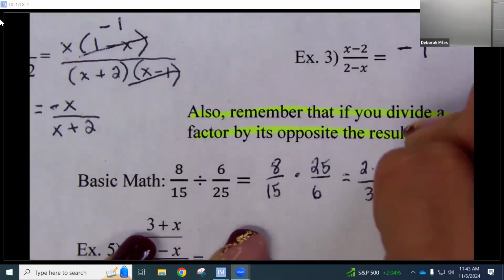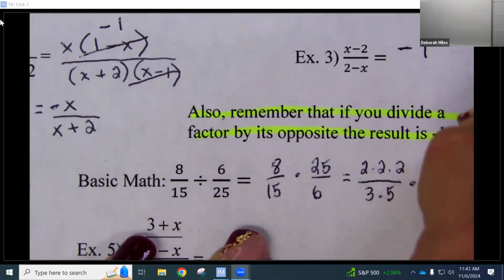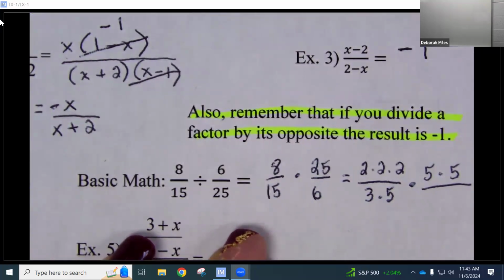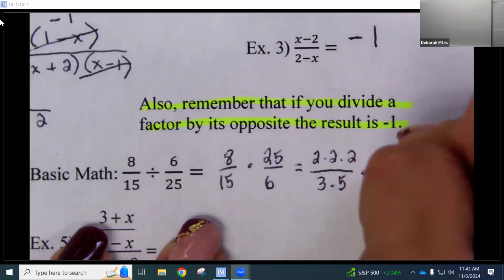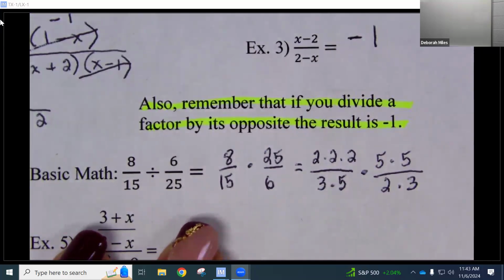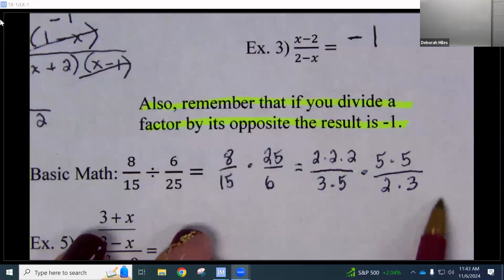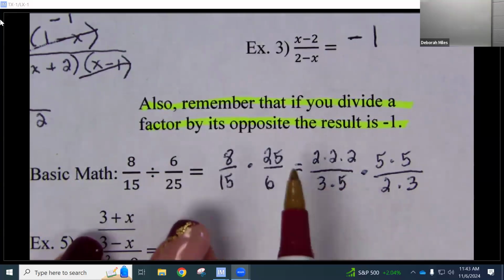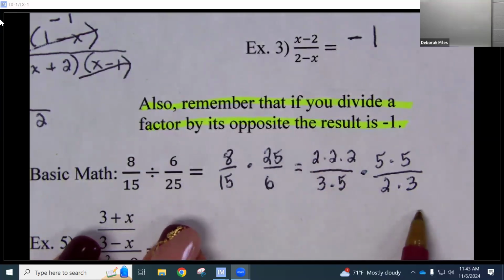I could write the 25 as 5 times 5, and the 6 as 2 times 3. That's called the prime factorization of each number. I factored each number as completely as possible.